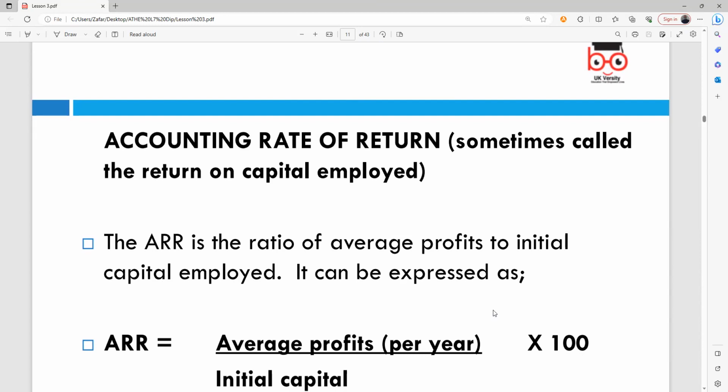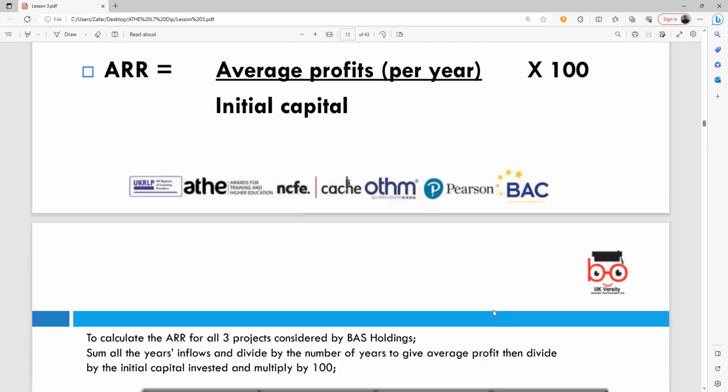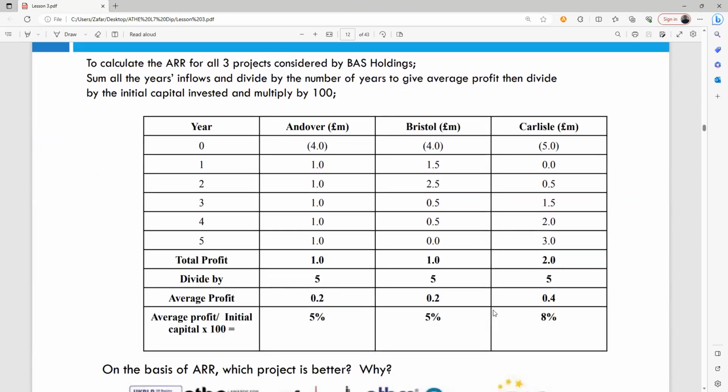Now, the accounting rate of return is the amount of average profit to initial capital employed. The average rate of return divided by the initial capital is multiplied by 100 to give you an exact percentage. Here is how it works, with a third example.